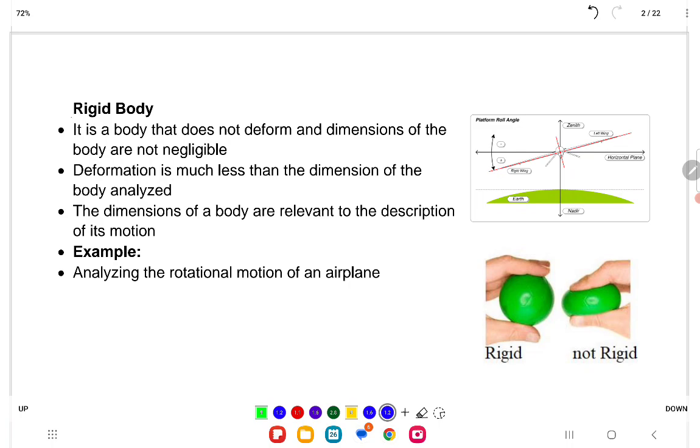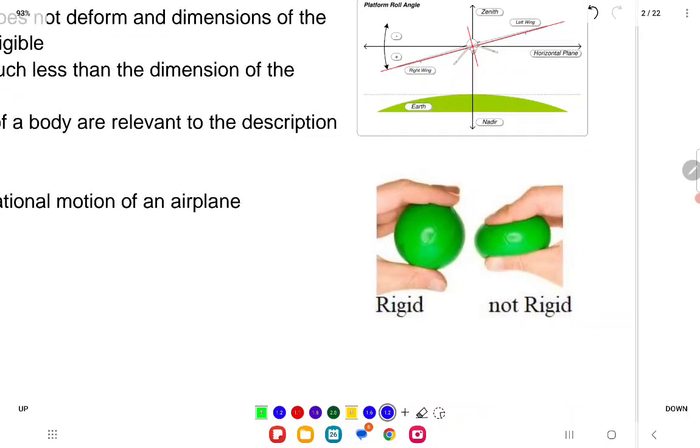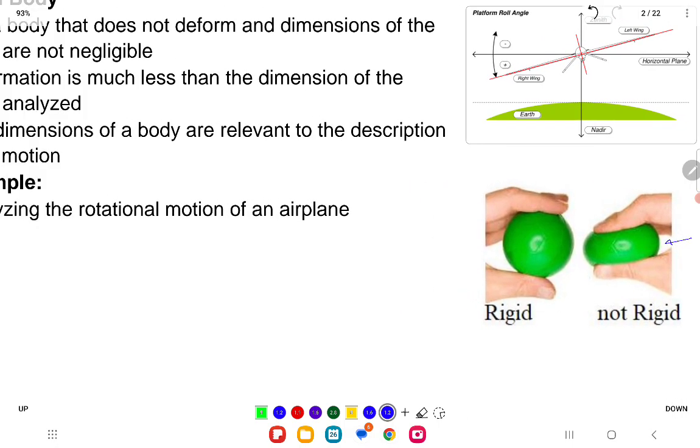When you add the word rigid, it adds another property to the body. You have here in the picture a simple illustration: the rigid body will not suffer deformation when forces apply to it, but the one to the right is not rigid, because deformation can happen when the force is applied.